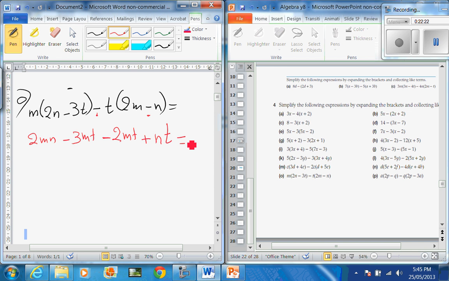Let's see, what is common? Is this the same as this? No. Which ones are the same? This one and this one. So the rest will stay as they are, and I write TMN plus NT.